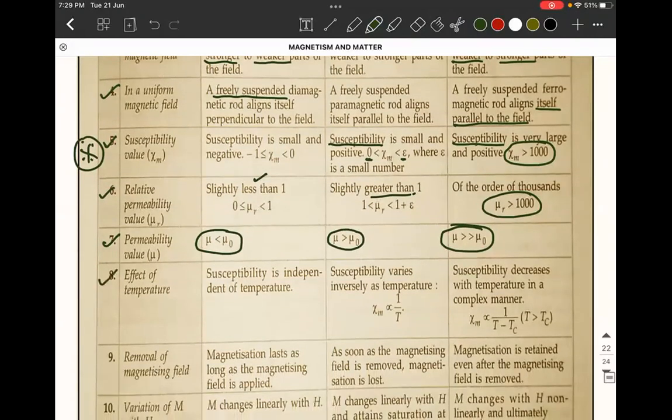Okay. The next important point is the effect of temperature. If a diamagnetic material has got magnetized, or let's say you're trying to magnetize the material, then the susceptibility of a diamagnetic material is completely independent of temperature. Whether you keep raising the temperature of that material and start magnetizing, or you do it at a normal temperature, it doesn't have any effect at all. Whereas with respect to paramagnetic material, susceptibility varies inversely with temperature.